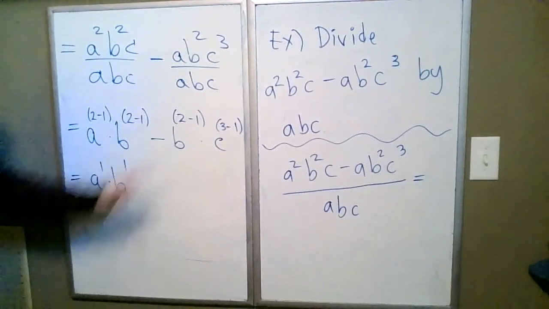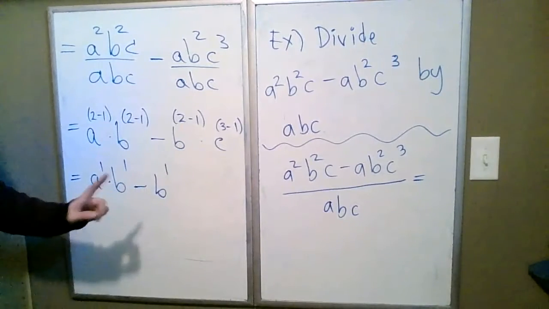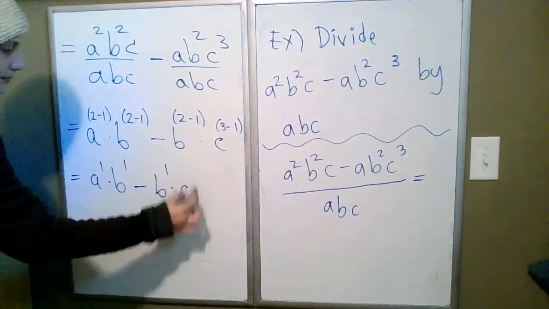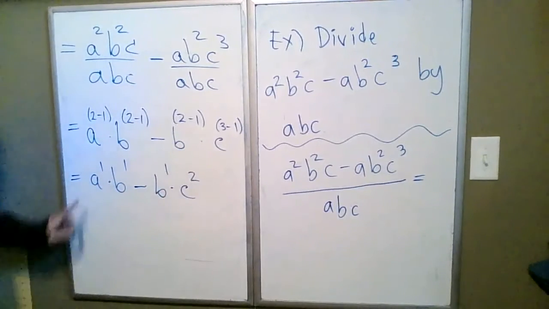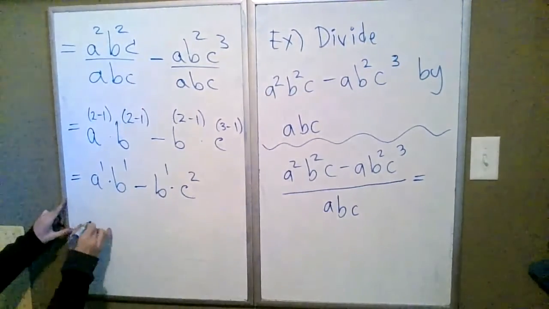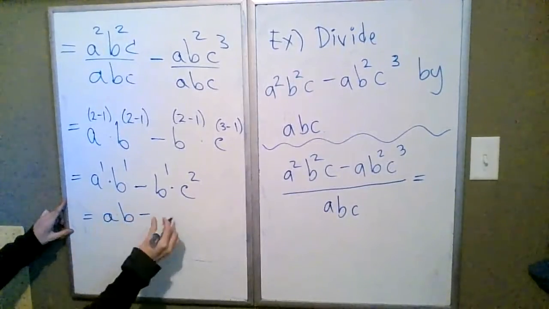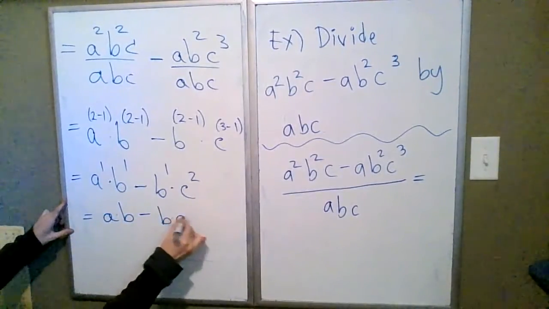Subtract A to the first times C squared. We have number to the first power is the same number. So this is just A times B minus B times C squared.